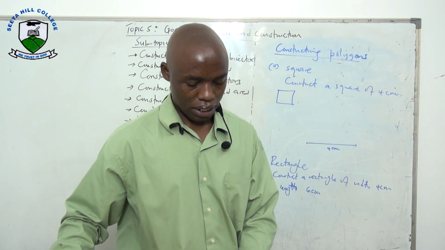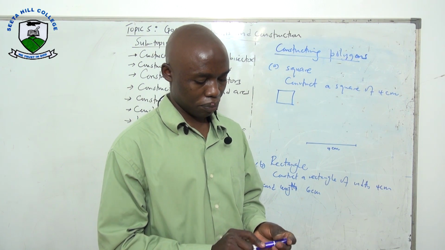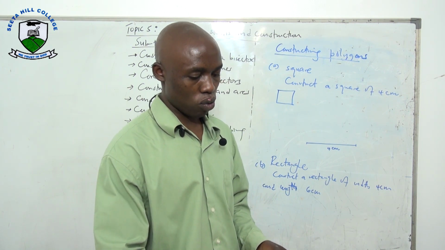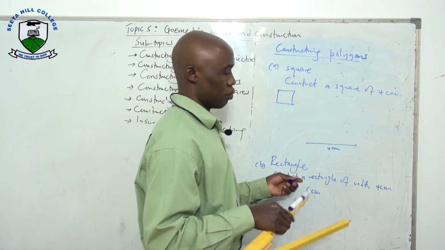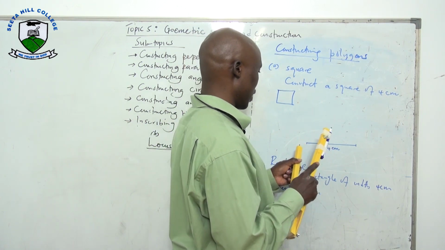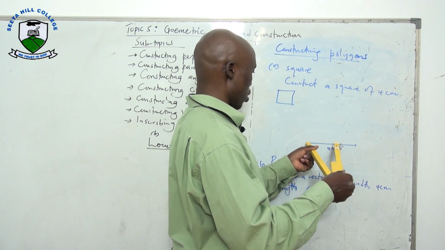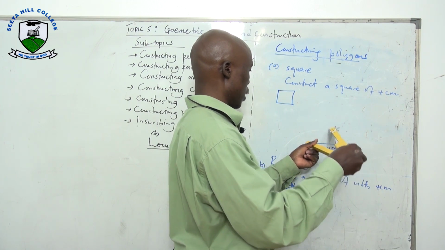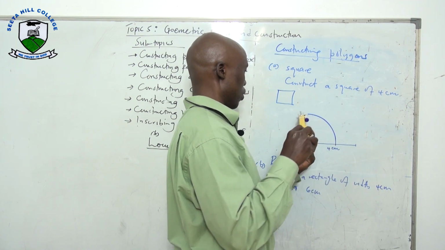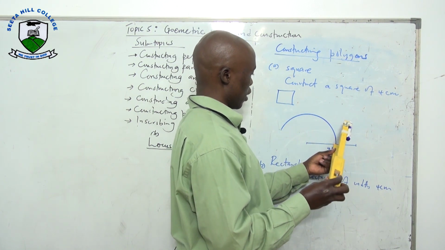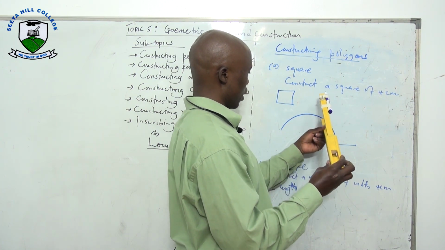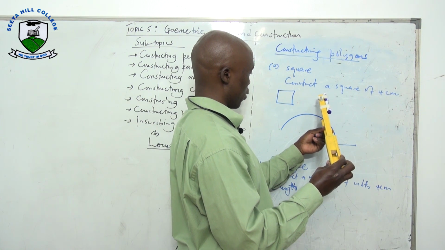Then construct 90 at the start only. That means it's easier to make 90 without bothering.